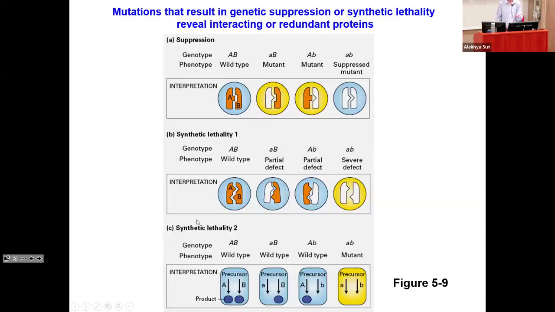So this is suppression. Synthetic lethality means you have two mutations, and combining those two will result in a severe phenotype. Cells would, for example, not grow at all or very slowly. Okay, so memorize this.